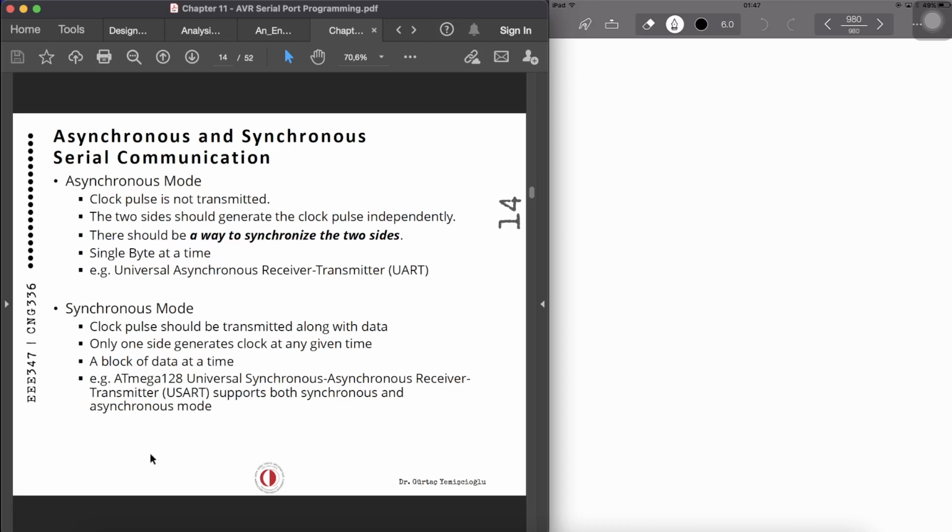And we are sending a single byte at a time. In general, this is called the universal asynchronous receiver transmitter, UART. In the synchronous mode, the clock pulse is transmitted with the data, the master side generates the clock, and a block of data at a time can be transmitted. The ATmega128 has both, the universal synchronous and asynchronous receiver transmitter, which is called USART.